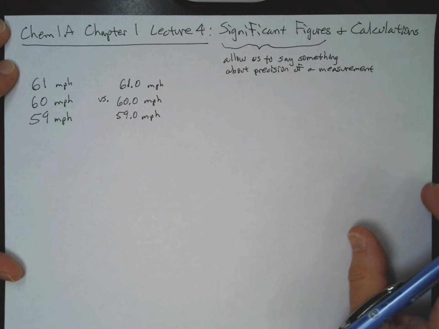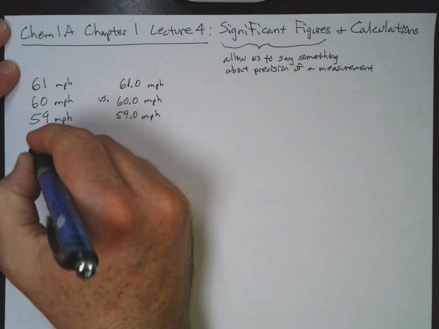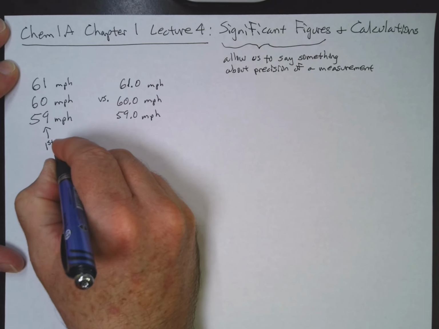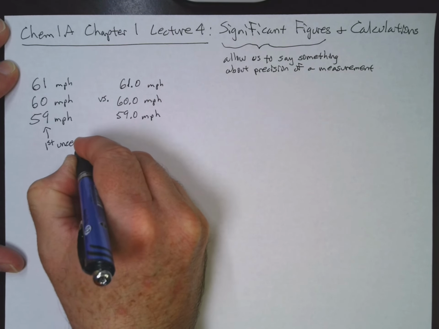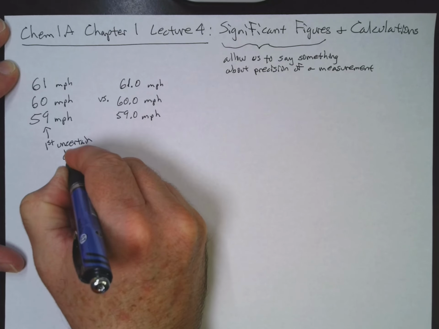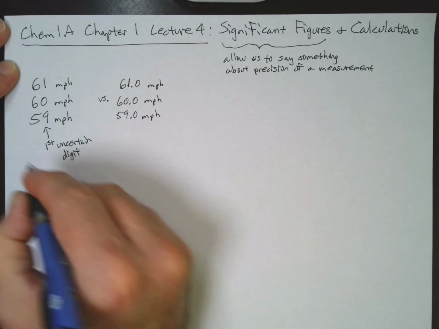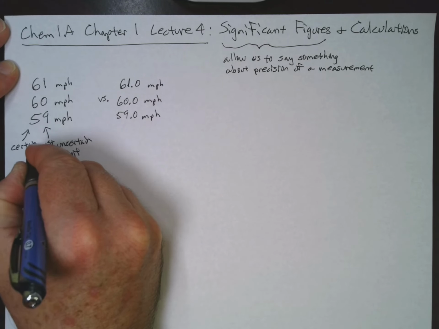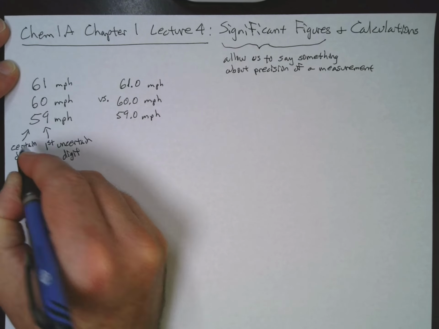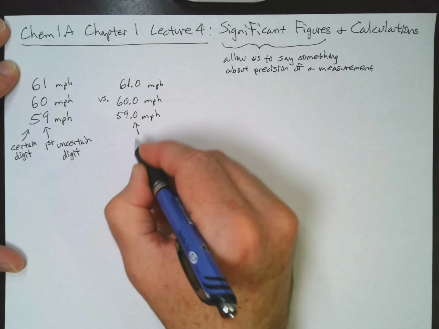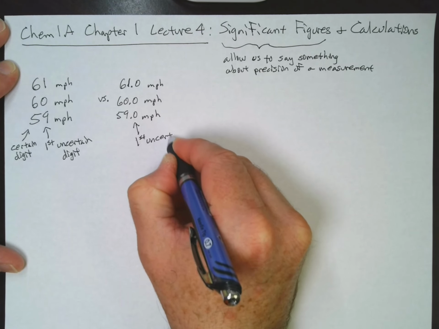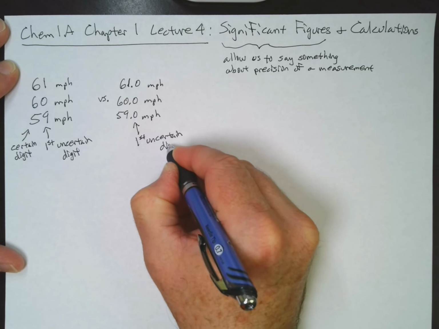Okay. Now, why is that different? Well, our last digit is our first uncertain digit. And I mentioned that last time. And that guy is certain. So over here, our last digit, our first uncertain digit, is 0.0.